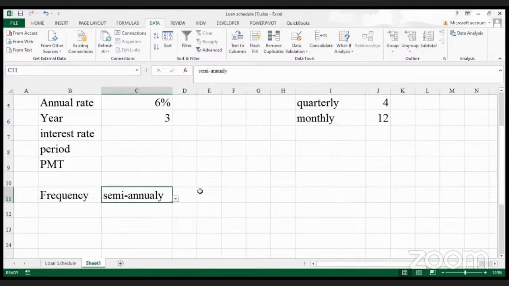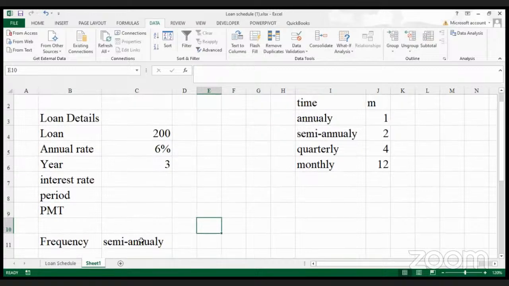So frequency is what is going to determine how the loan is going to be paid. We want to now link our frequency key with the interest rate and period. For interest rate, the annual rate is 6%.